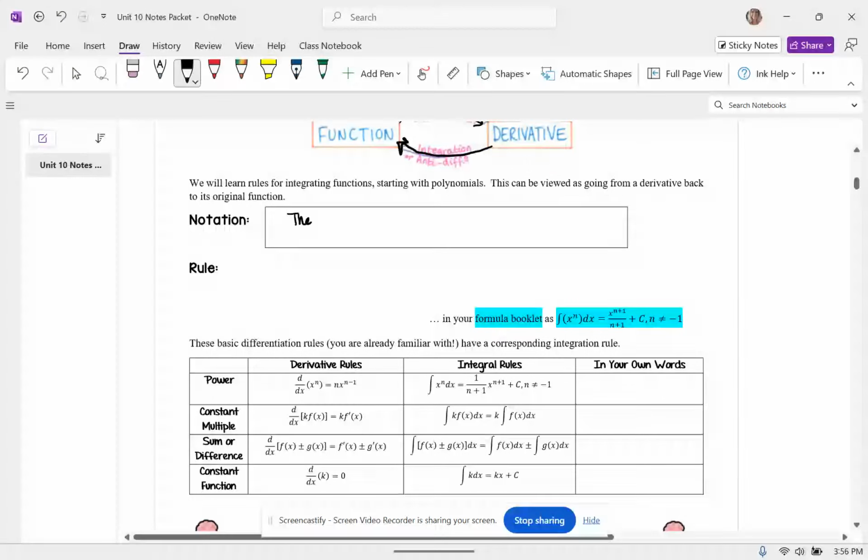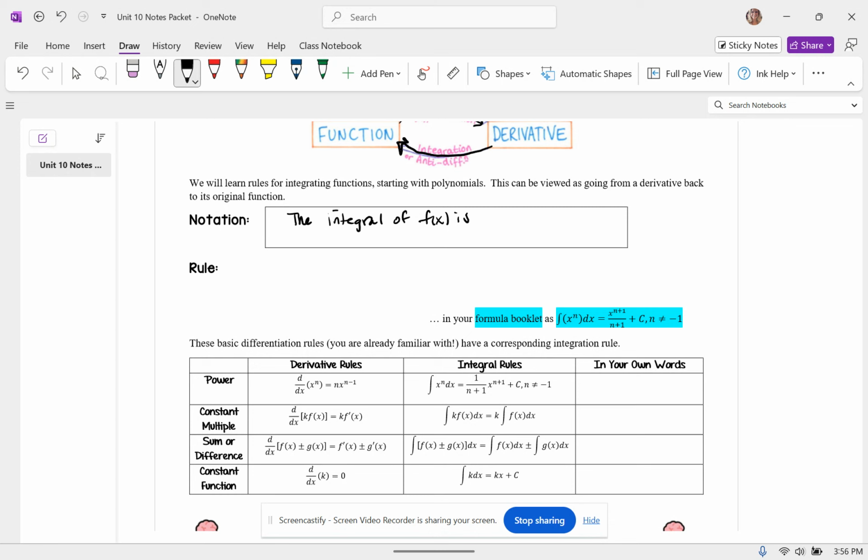So let's start with some formal notation. The integral of f of x is written like this. The dx tacked on at the end of the integral means with respect to x.